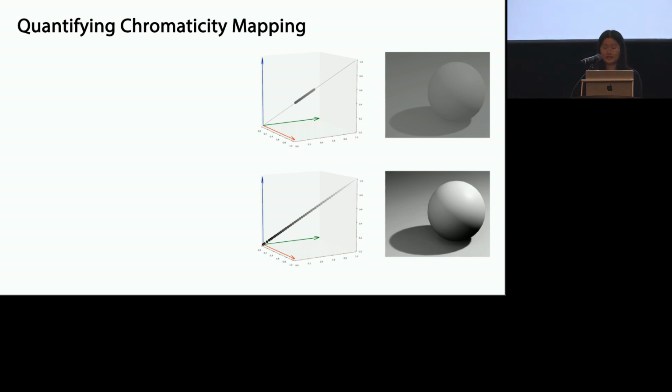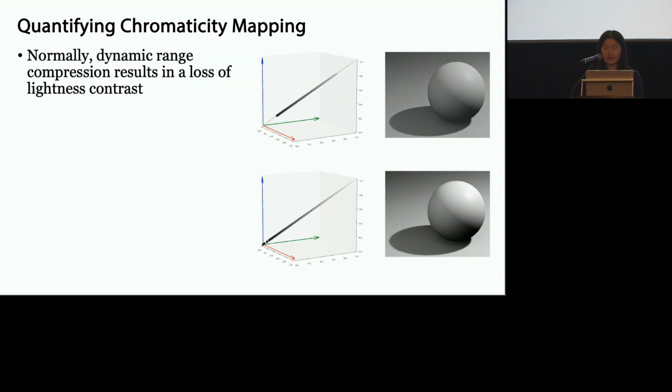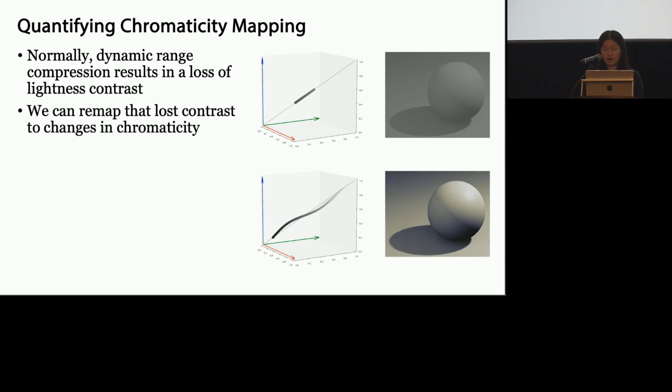We can understand this chromaticity mapping as a transformation of colors in the scene. Normally, converting an HDR scene to an LDR scene will reduce the range of different color values, resulting in a significant loss of contrast. With chromaticity mapping, the artists map this loss of contrast to variations in chromaticity to maintain high overall variation.